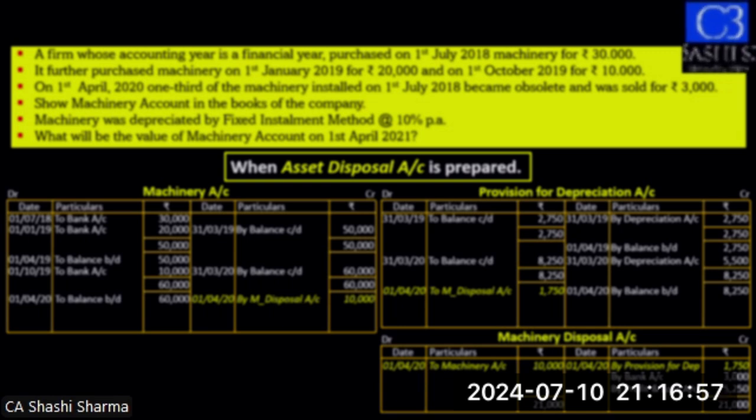However, the amount of depreciation and the balances of accounts will become different, but the entries will be the same. And I think you already know the written down value method. It is also known as diminishing balance method or reducing installment method.